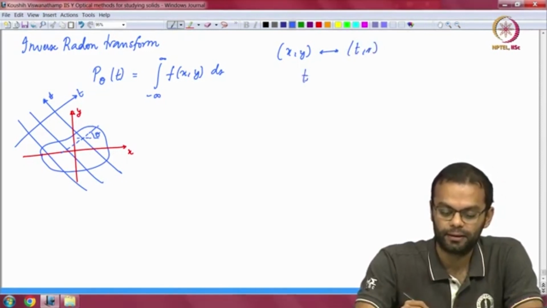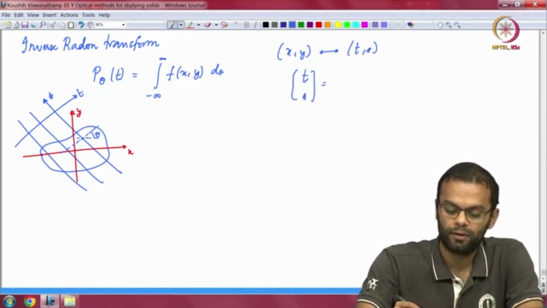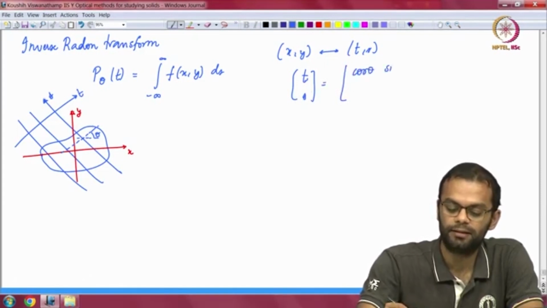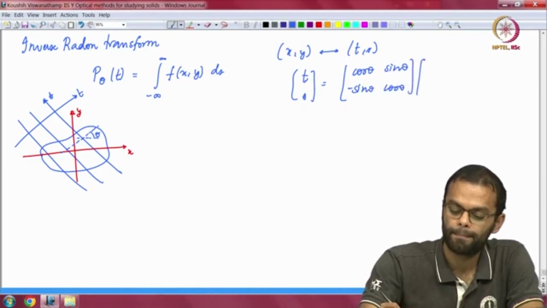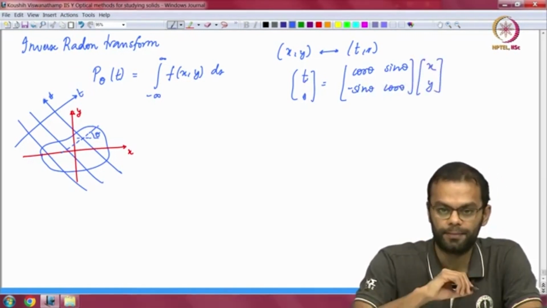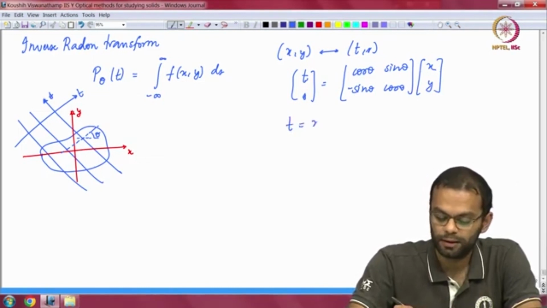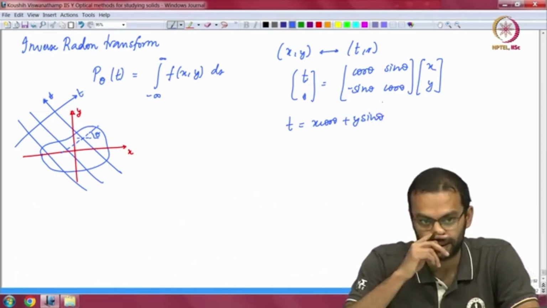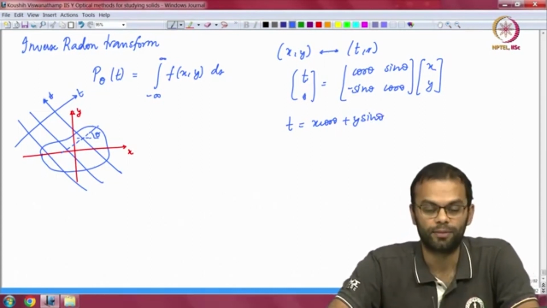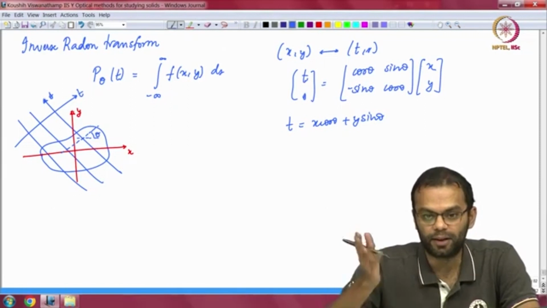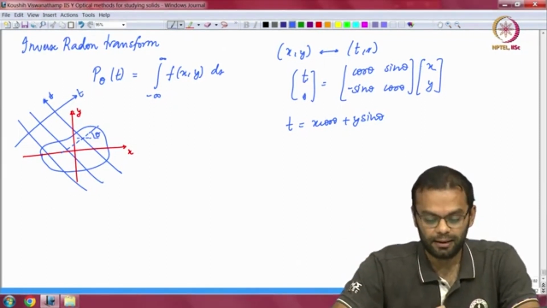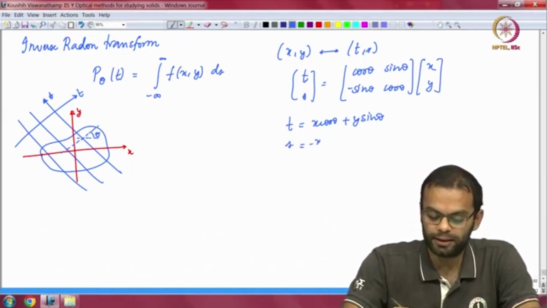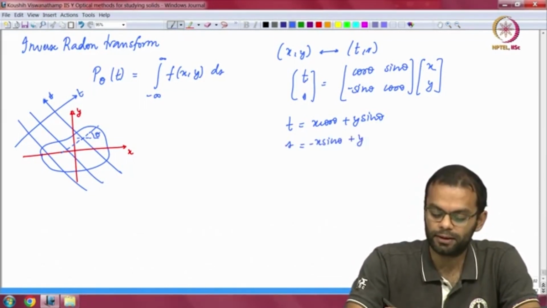So t s was just this cos theta sin theta matrix times x y. So t was again x cos theta plus y sin theta. We know this because this was our equation of a single line depending on the distance from the origin, n bar dot r bar is equal to t, and so s of course is minus x sin theta plus y cos theta.